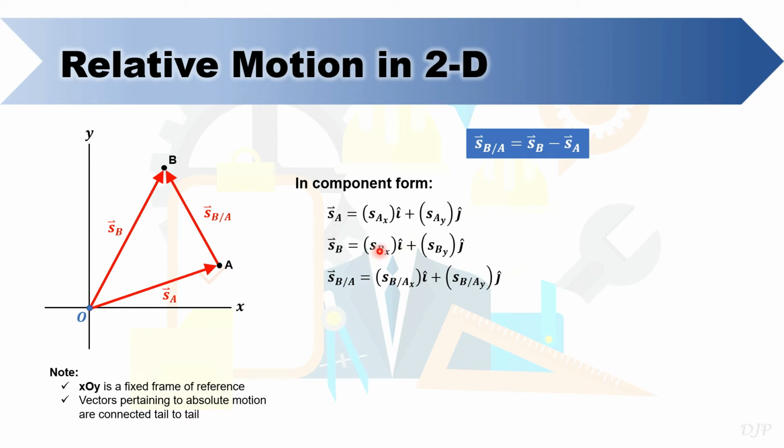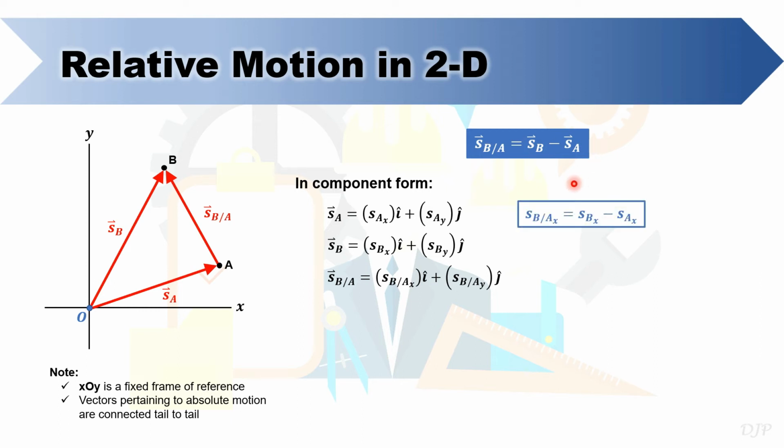After writing the components of each vector, we can now go back to our formula and use it by component. That means we will apply it in terms of the x component and the y component. The first thing that we will look at is the horizontal component of each vector.